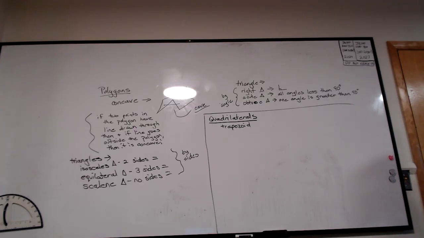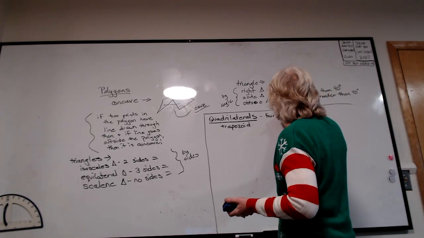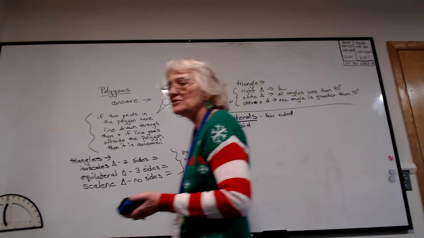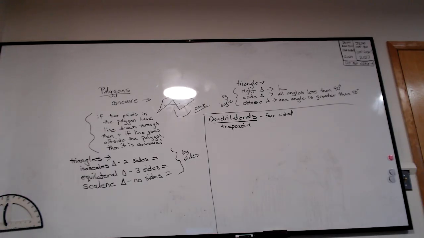This is four-sided, it doesn't matter what the sides are like. What do we have to have for a trapezoid? Yes, one pair of parallel sides.